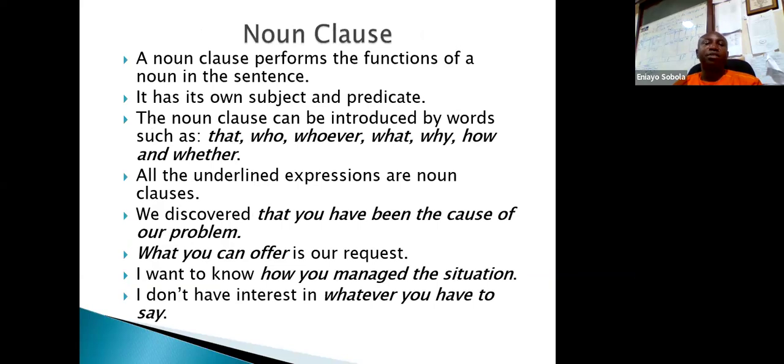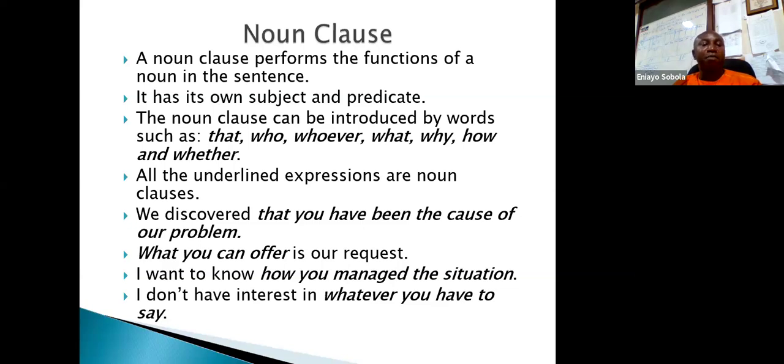Starting with the noun clause. A noun clause performs the function of a noun in the sentence. What you need to notice is that as a clause, it has its own subject and predicate. That's what makes it a clause.